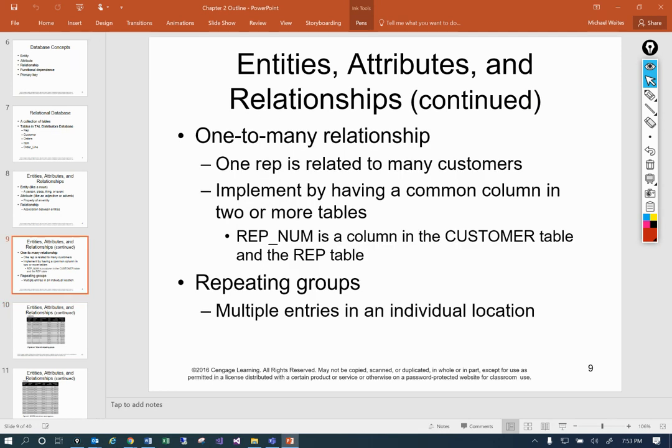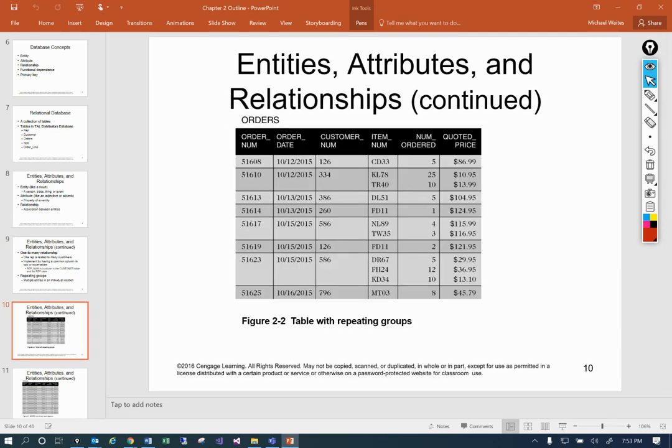We were talking about these repeating groups. This is a repeating group: 2 item numbers for one item. Same here. We've got 3 repeating groups, a repeating group of 3 items referencing one piece. So keep that in mind.